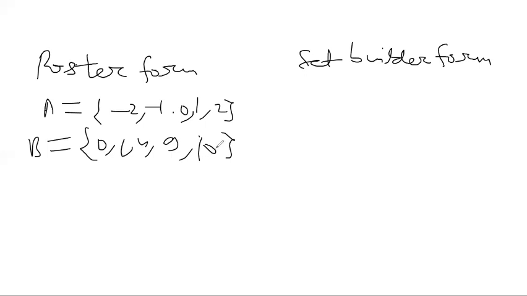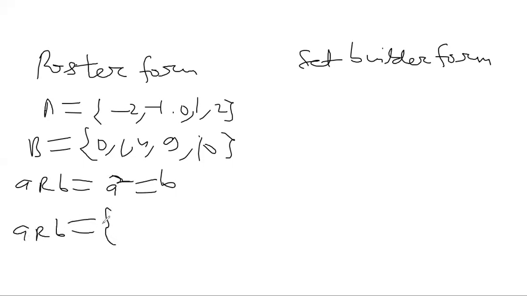Now A is related to B, it is given such that a squared is equal to b. So what will be the relation from A to B if you write it in set form? If you are taking a as 0, then what will be b? In this way you have to find out. So what can be the values?